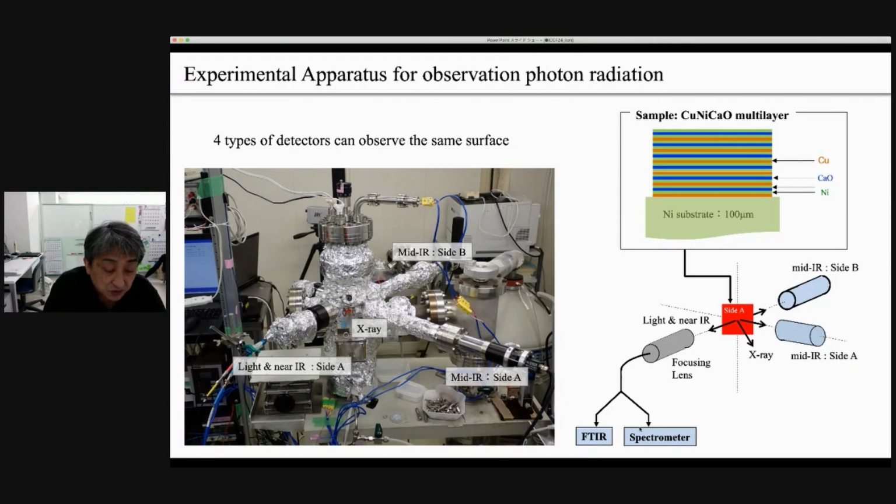And another mid-infrared detector is installed to observe the backside of samples. In addition, X-rays are observed by a silicon drift detector through the beryllium windows. Mid-infrared light is measured every second, and the spectrum of near-infrared and visible light was measured for 1 minute at a time, and the time interval is 5 minutes.